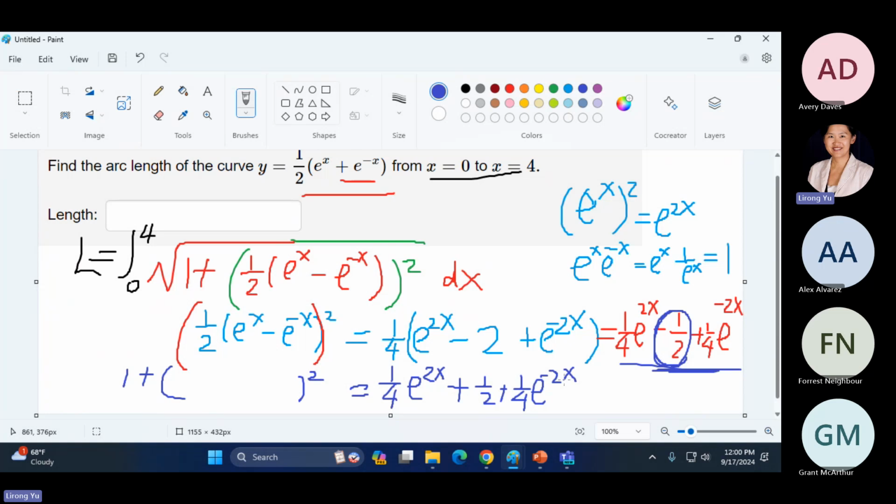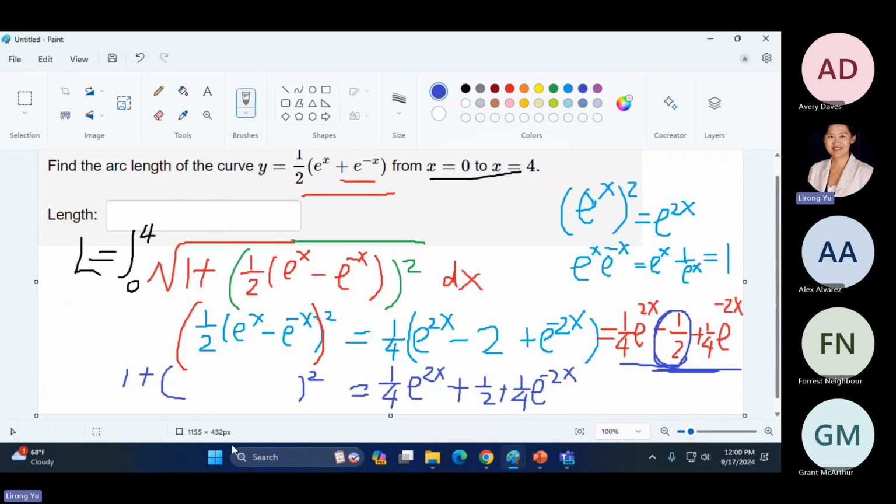Now this, other than that sign switch from negative to positive, everything is identical to this, right? The one on the top and the one on the bottom are essentially the same thing, except that sign switch from negative to positive. So maybe this is also a perfect square. It's also a perfect square.